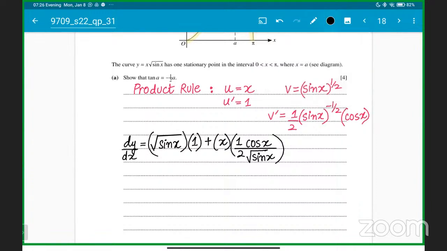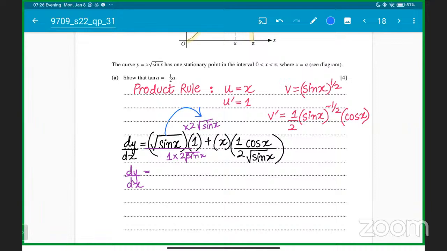Now I'll take the LCM, sir. Follow carefully, students. We are going to take the LCM. LCM should be taken carefully. So it will be the square root of sine x. So it will be what? This is 1 here, okay, right? And that is there 2 sine x. So I'll have to multiply this with 2 square root of sine x. If I'm multiplying here 1 with this, I will multiply in the numerator as well with 2 square root of sine x. The students need to understand, so this will cancel out.